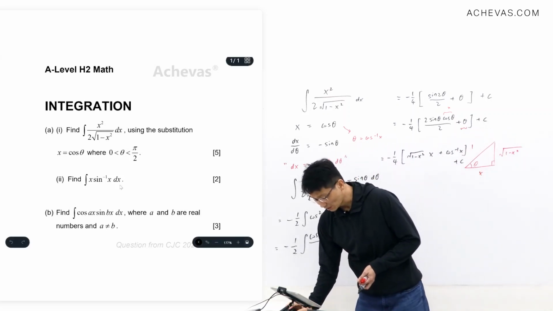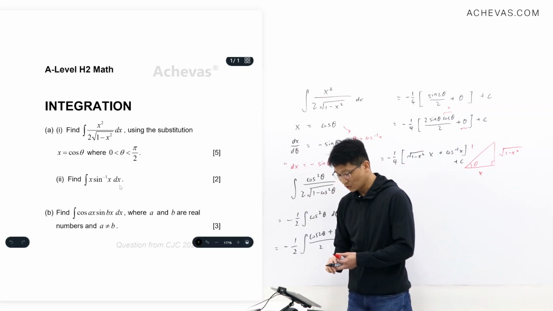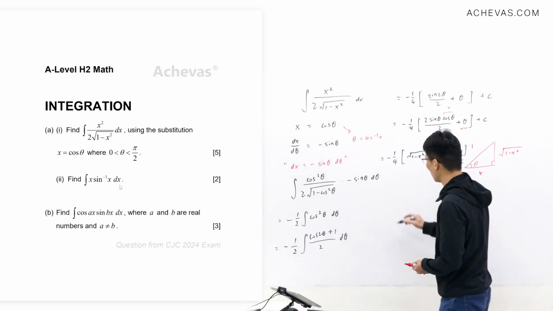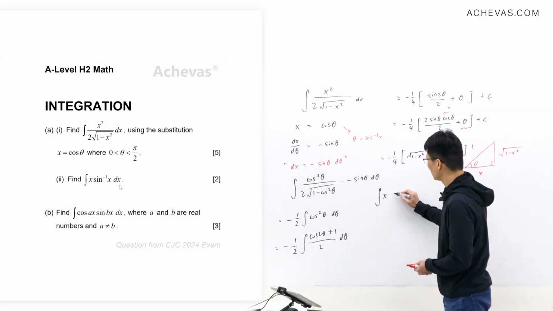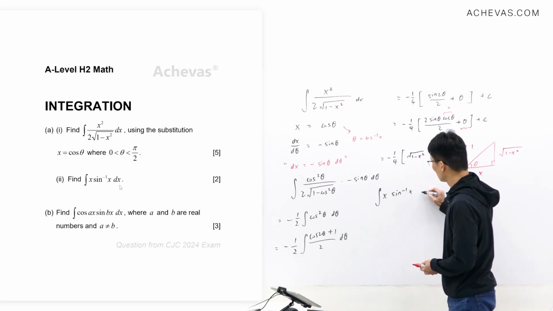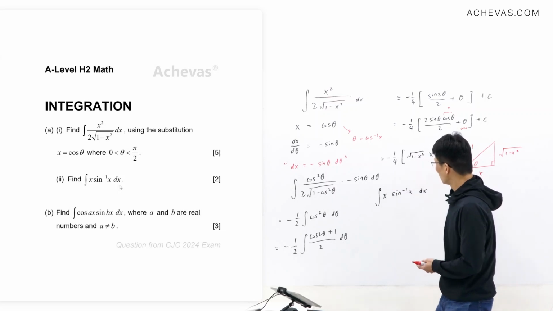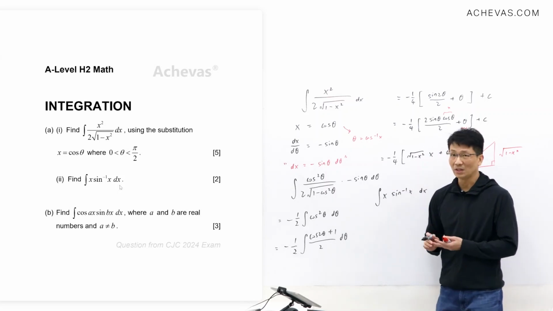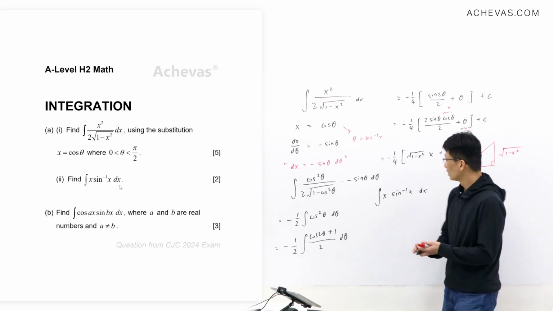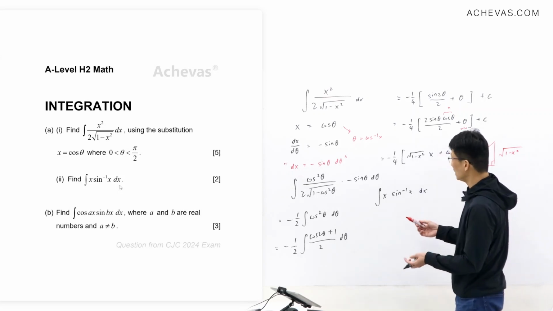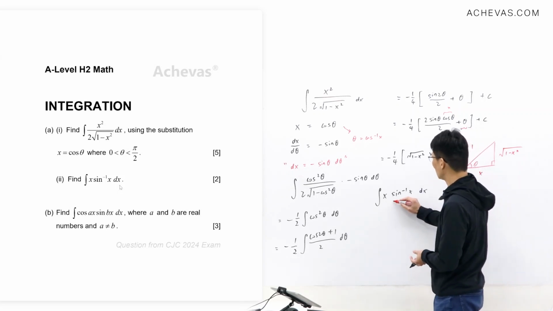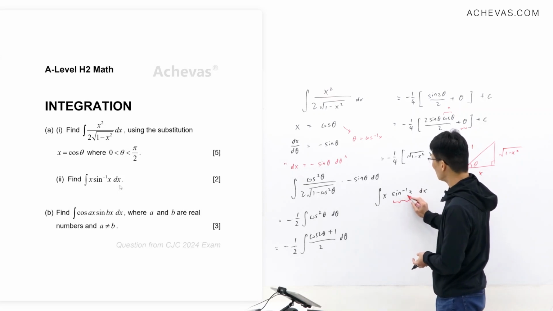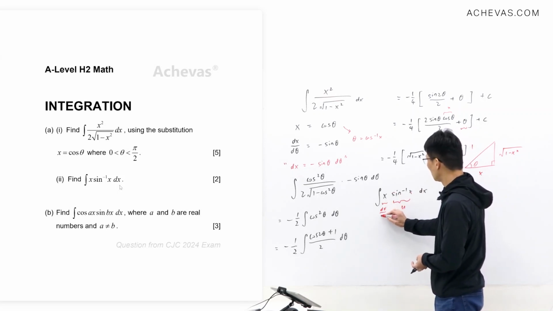So for the second part, they are asking you to find the integration of x sine inverse x dx. For this type of question, we can recognize that we need to do integration by parts. So based on the LATE guidance, we can assign sine inverse x to become u and x to become dv dx.